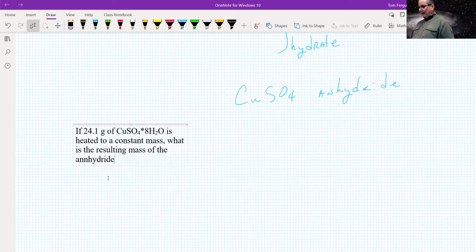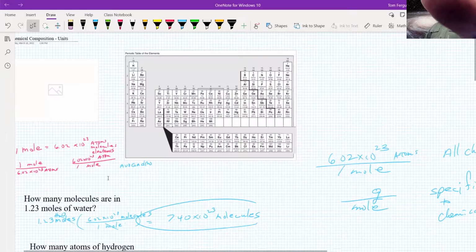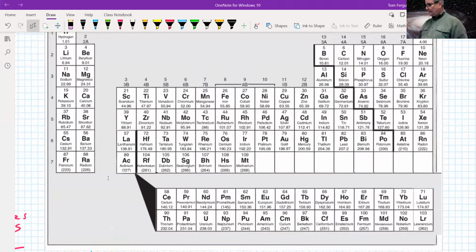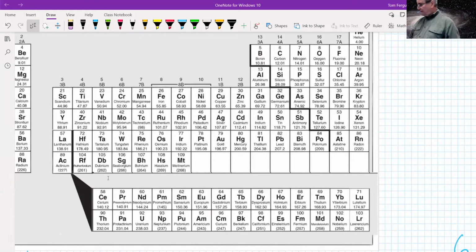Okay, so how many grams are in a mole of CuSO4? Well, we need the periodic table for that. Copper is 63.55.